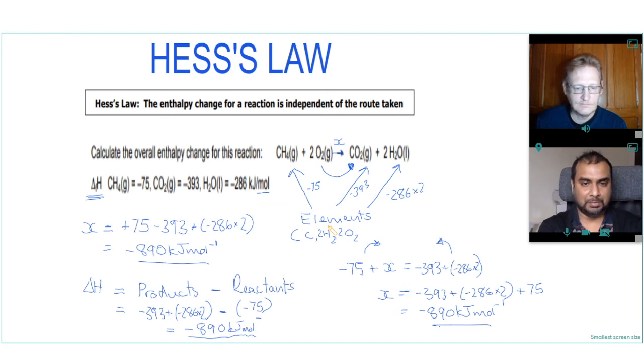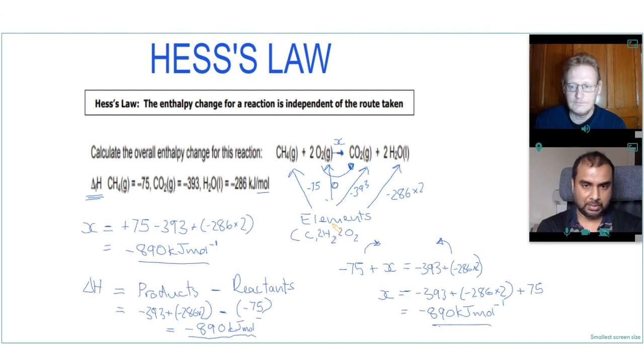And the enthalpy of formation of oxygen must be 0, obviously, because that's an element. So all you're left with is X and methane on one side. You can actually draw that arrow in for oxygen, but just put 0 there. And that's often a question: why is oxygen's enthalpy change 0?